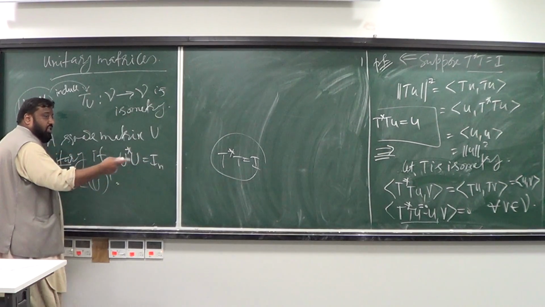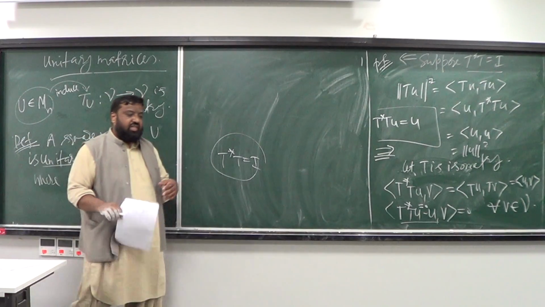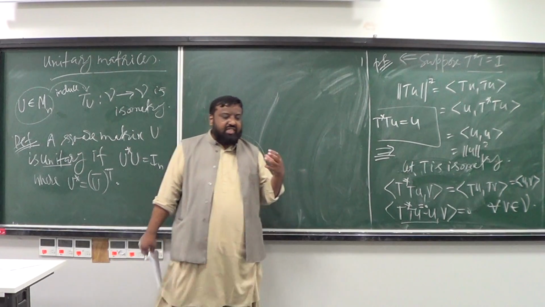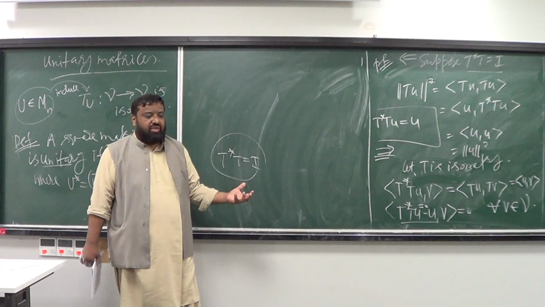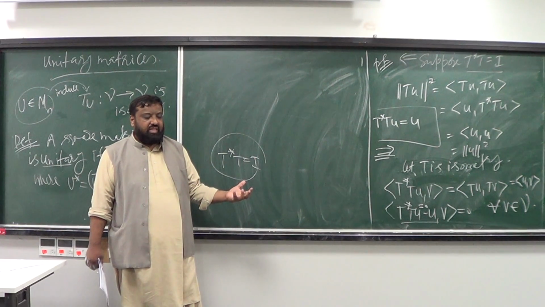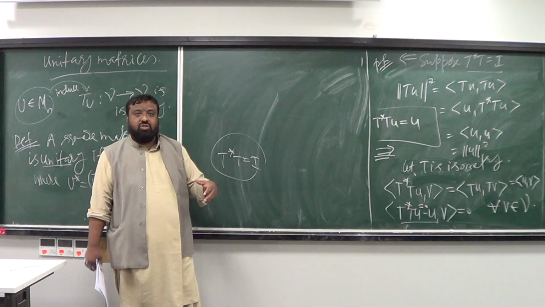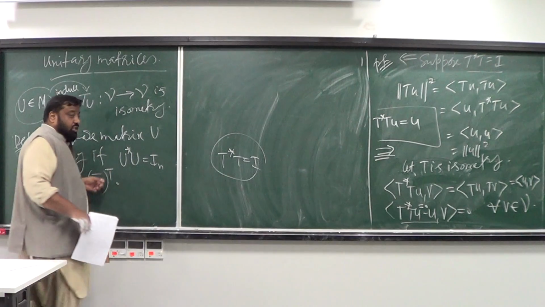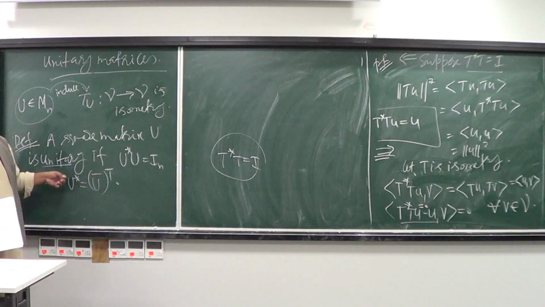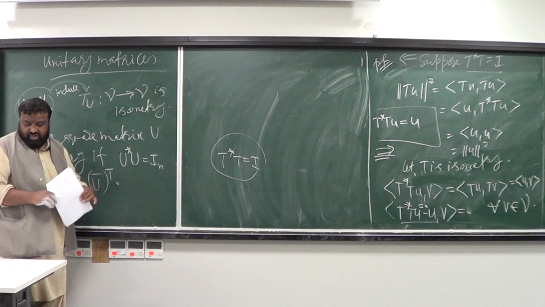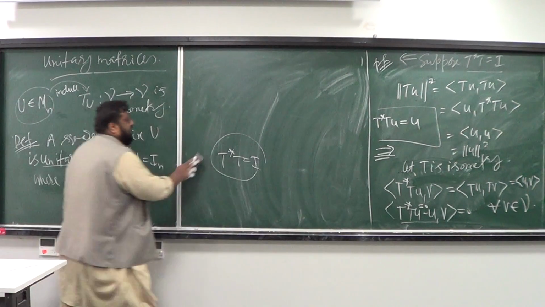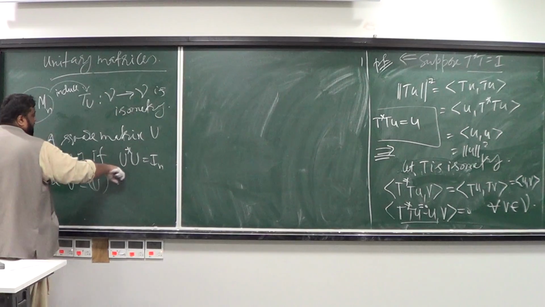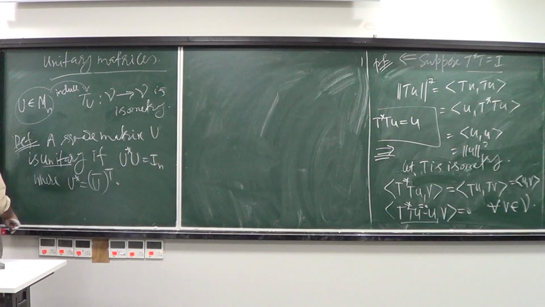We saw previously that the matrix corresponding to the adjoint operator is basically the conjugate transpose matrix, U star. We saw this in our last discussion as well. So a unitary matrix is a matrix for which U star U is an identity matrix.